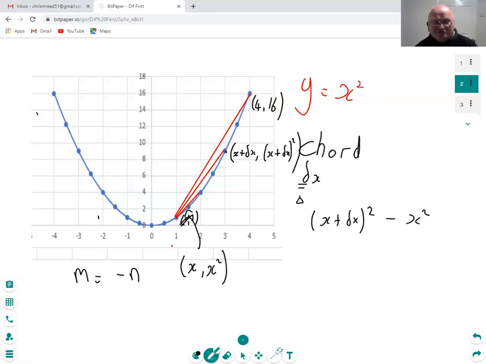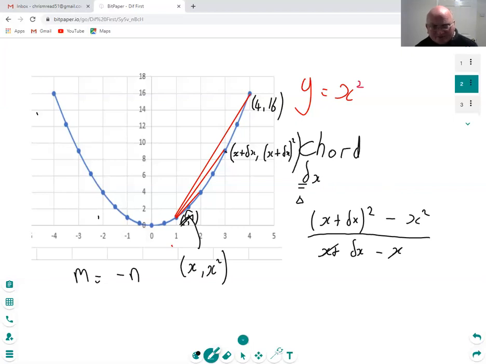That is the difference in the y value, the up value, between there and there. And then the bottom is x plus delta x, take away x. Well, those x's can disappear. So then we've got x plus delta x all squared, take away x squared.